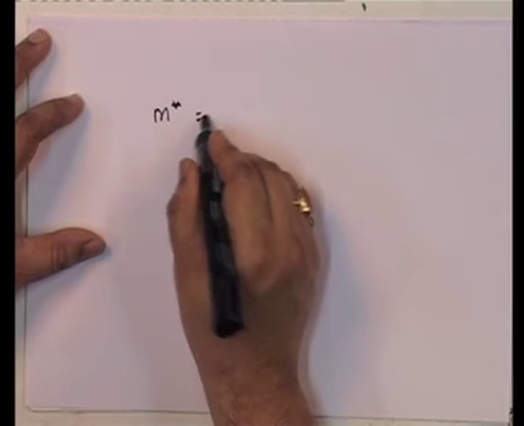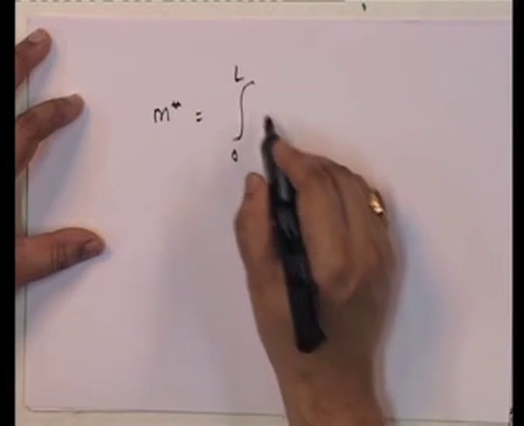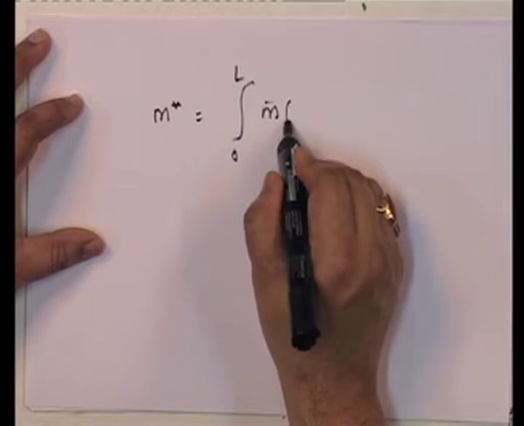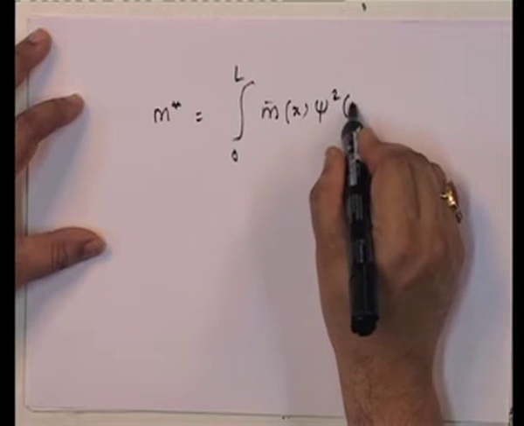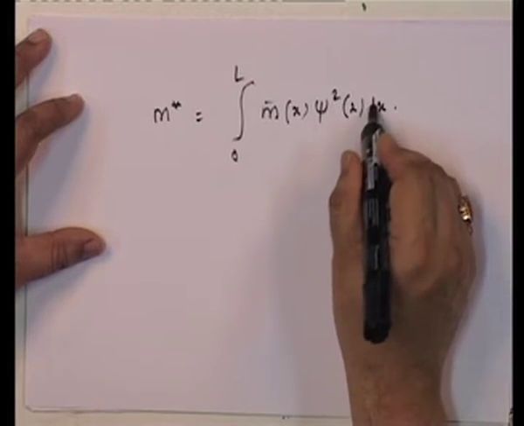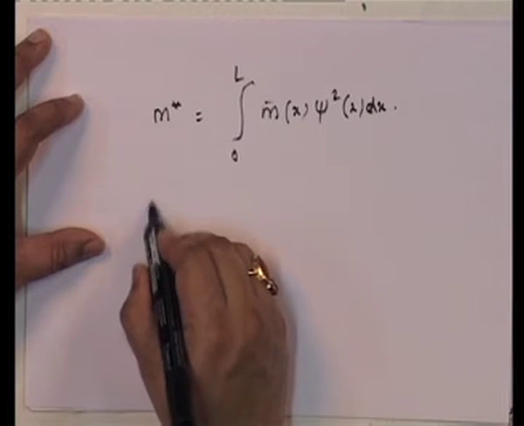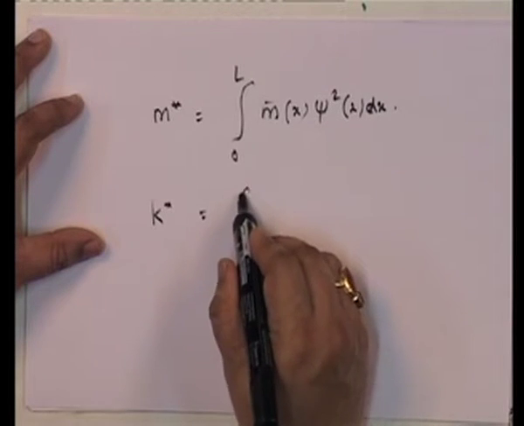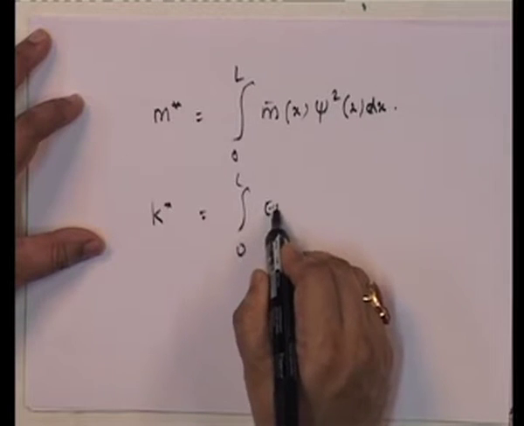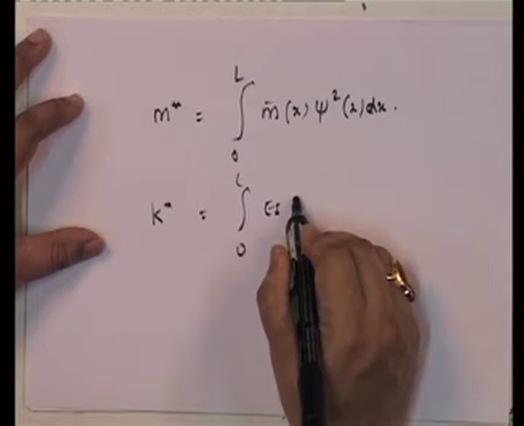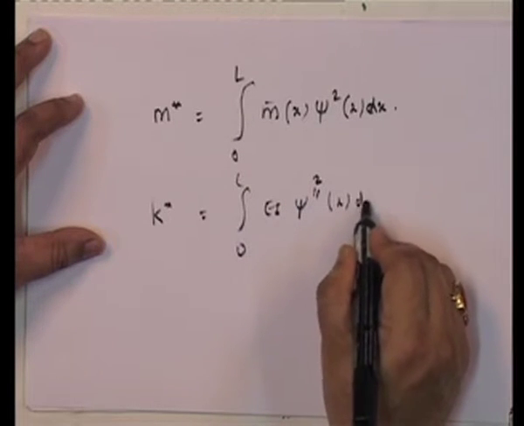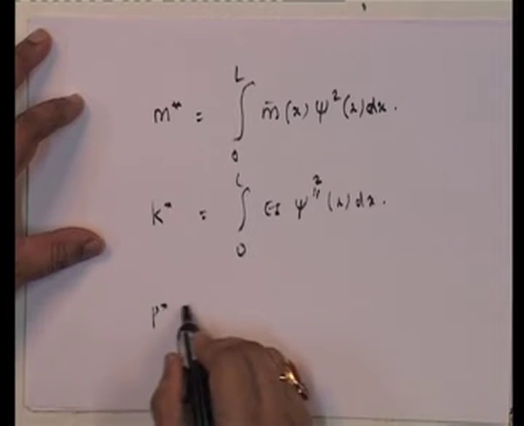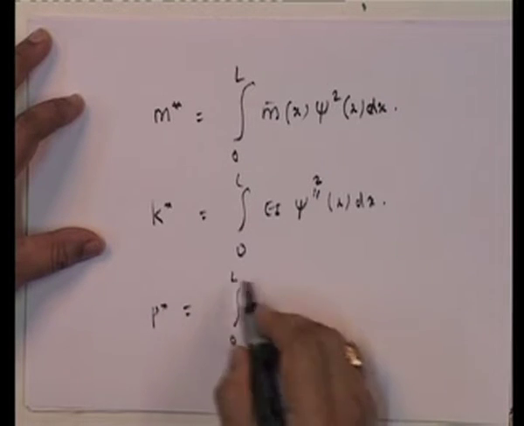If you look at m star is equal to integral 0 to L m bar x xi squared x dx. K star is equal to integral 0 to L ei xi double prime squared x dx, and P star is integral 0 to L p bar x of t xi x dx.